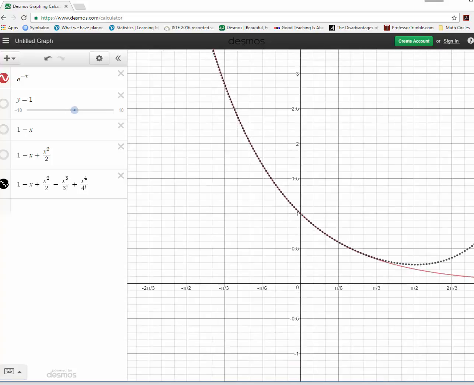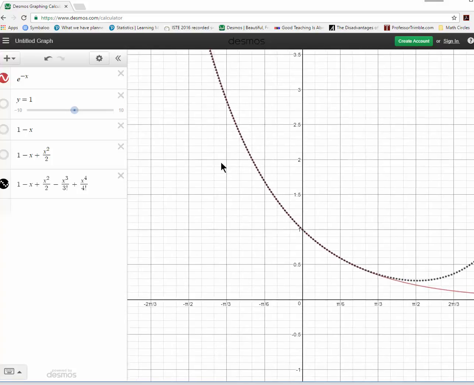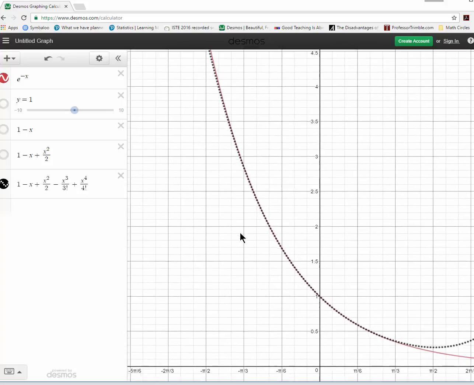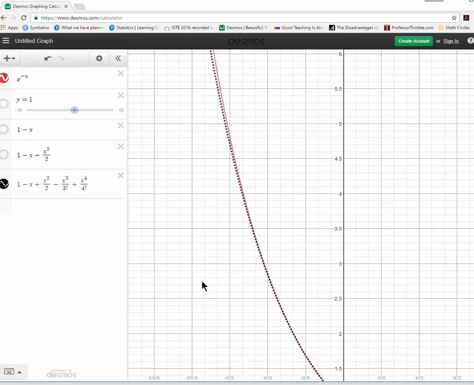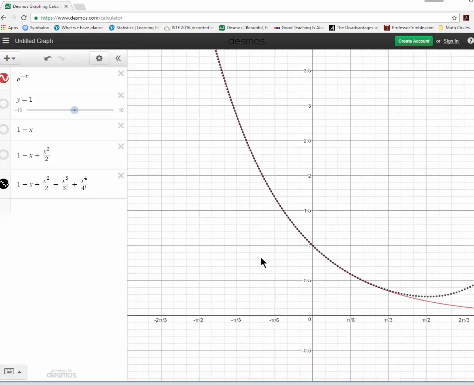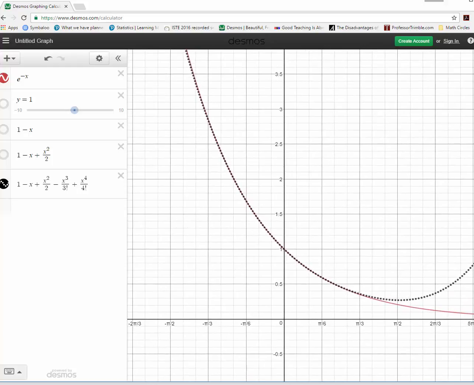It looks like it's a good approximation until we get to a little over pi over 3 positive, and gosh, on the negative end it goes up quite a bit more as being a good approximation, I would say clear up here maybe into negative pi over 2. So we can see that that fourth degree polynomial does a great job estimating. Now eventually what we're going to want to figure out is how far can I go out and still have it be a good estimate.